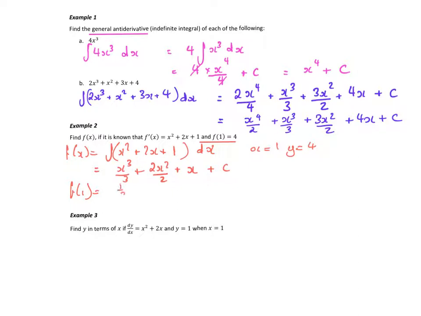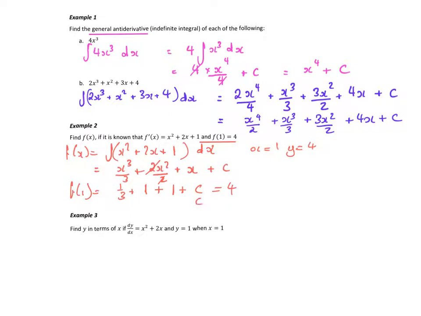So it's 1/3 plus, okay, that cancels. So plus 1 plus 1 plus c is equal to 4. See how now we're going to be able to get our c value. So what do we have there? We have 1 and 1 is 2, 2 and 1/3.